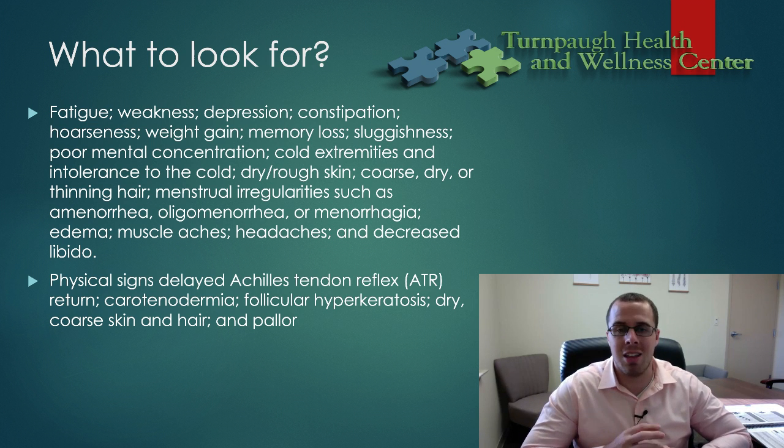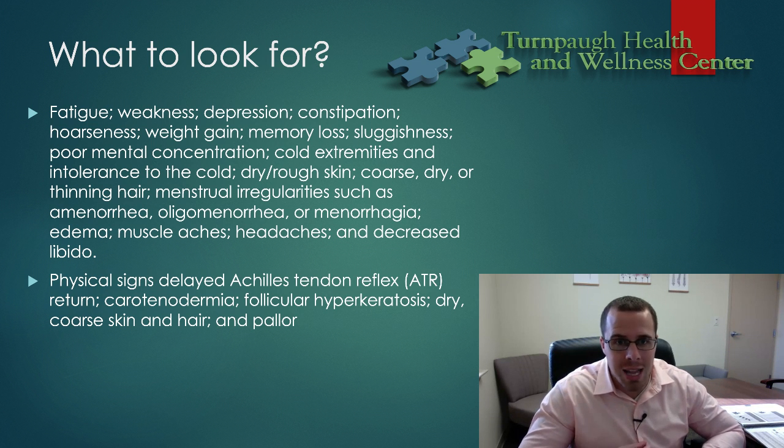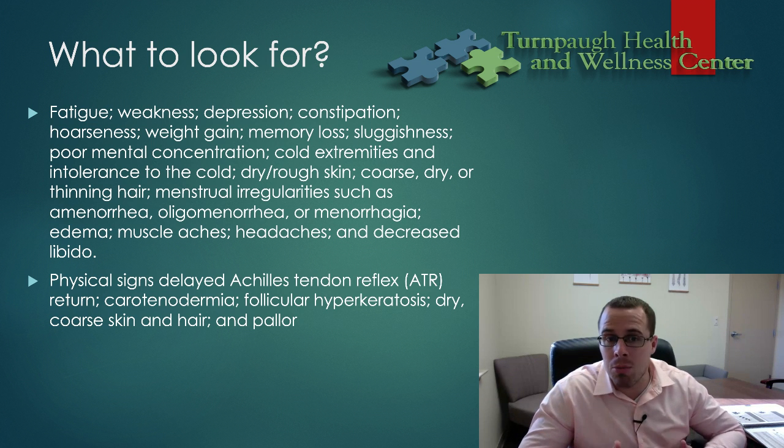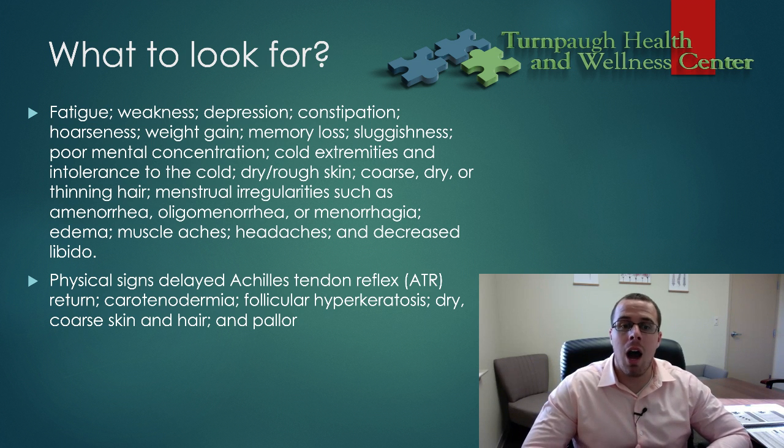So you can see the list here of lengthy symptoms. A couple that I want to just highlight: obviously the fatigue, the depression, the memory loss, the weight gain, the hair loss. Those are real big issues.